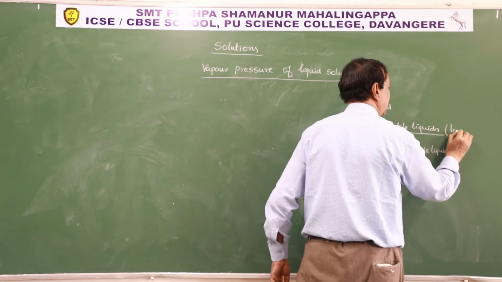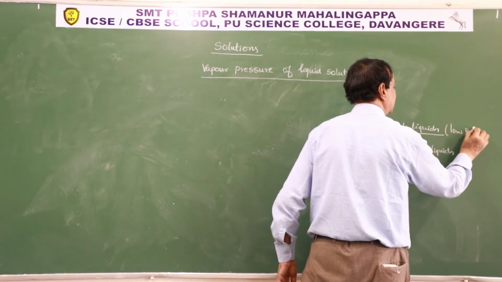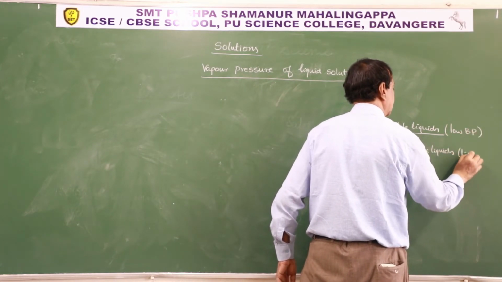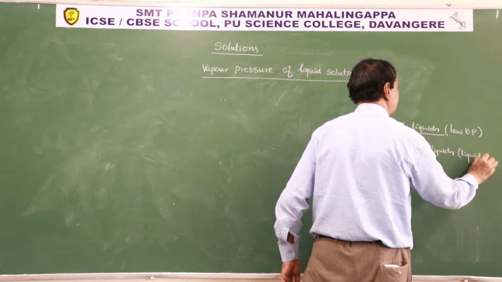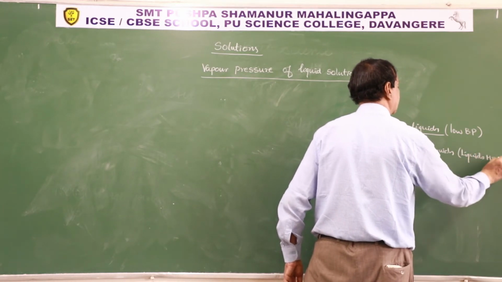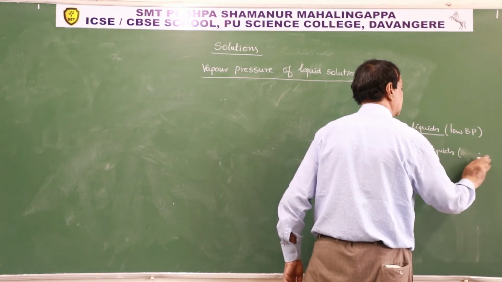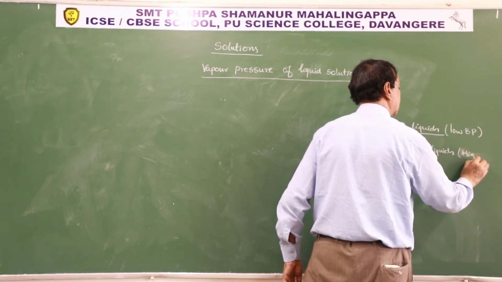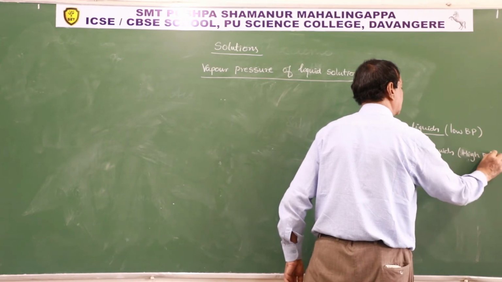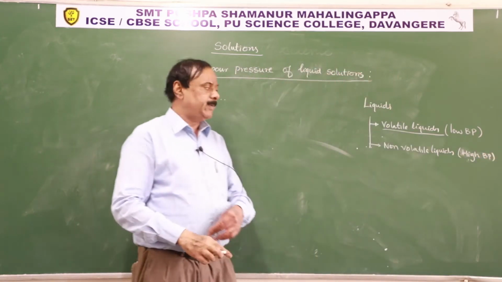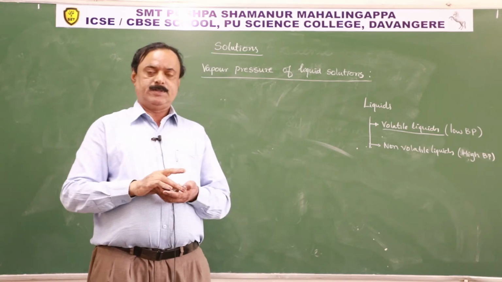Liquids with low boiling point and liquids with high boiling point. Low boiling point liquids are called volatile liquids.